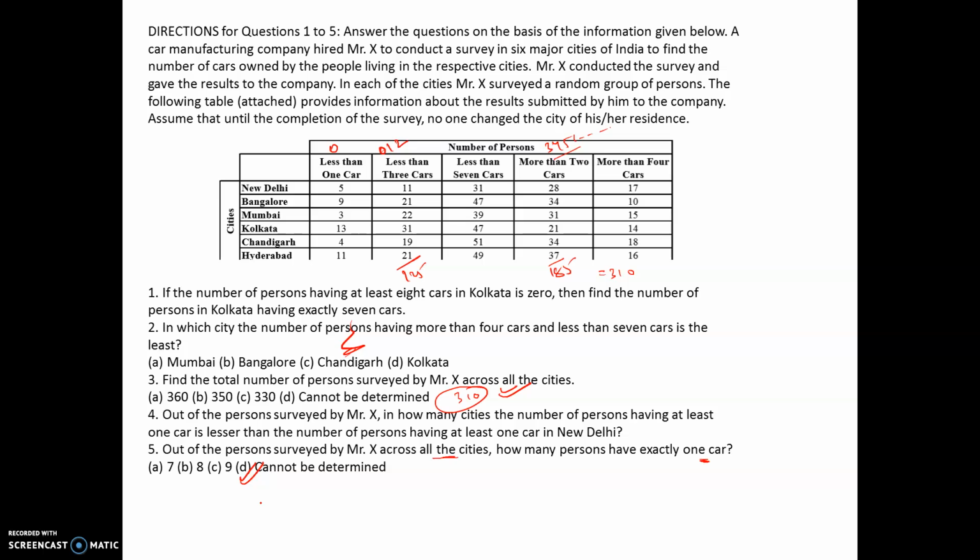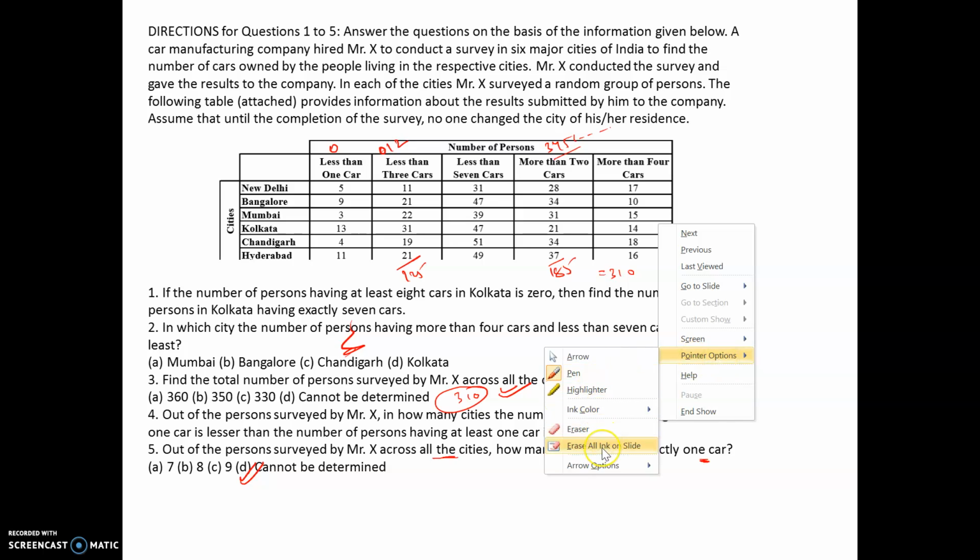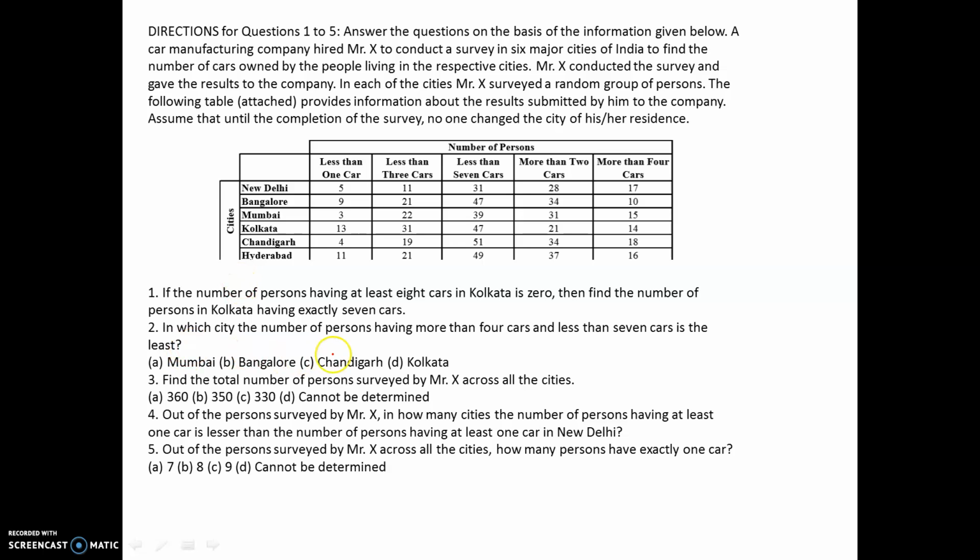Now coming to question number 2, let's see what the question talks about and how quickly we could have determined that. It says in which city the number of persons having more than 4 cars and less than 7 cars is least.